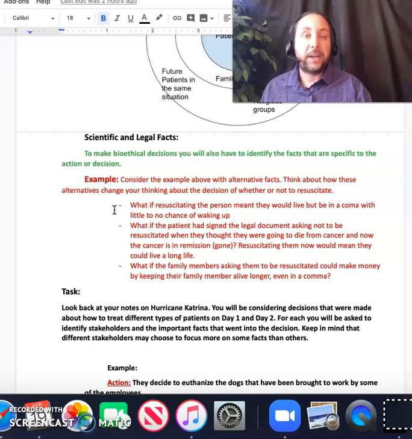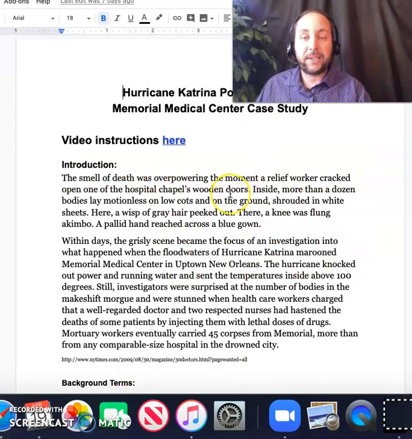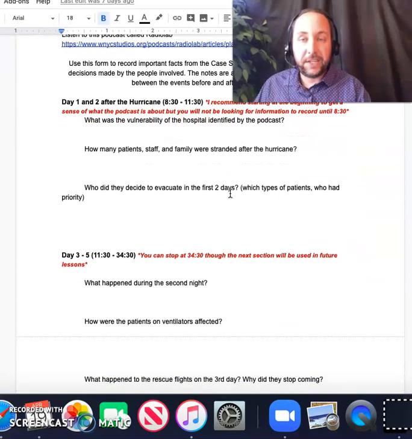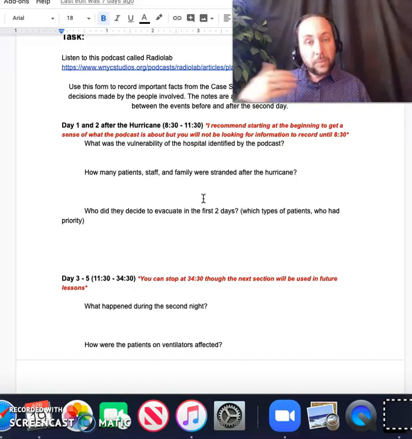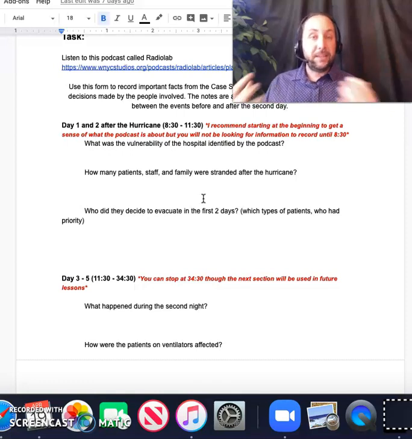And so this is where I'd like you to start thinking about Hurricane Katrina. So again, if you haven't done this already, please go back to it and finish it. In Hurricane Katrina, the facts changed. The first 2 days, if you go back and look at your notes, after the flood and after the hurricane, they were evacuating patients from the hospital, and they were evacuating patients that needed the most, right?